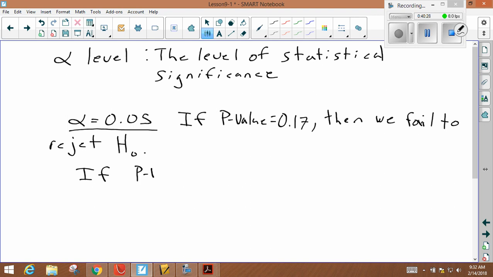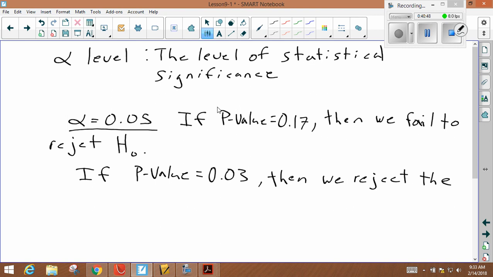But if we had a p-value equal to 0.03, then we reject the null hypothesis. And this is exactly the language that you want to use in your answer. I don't want to say the null hypothesis, I want to say we reject H naught.